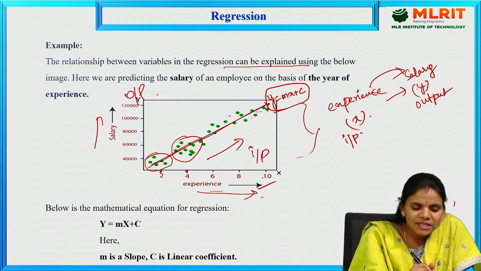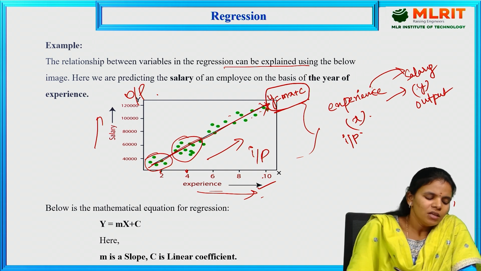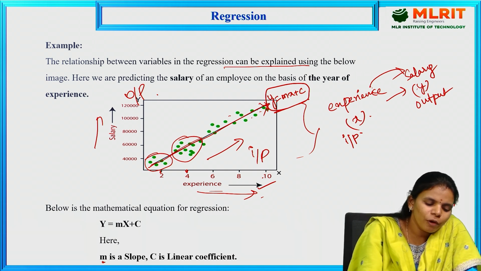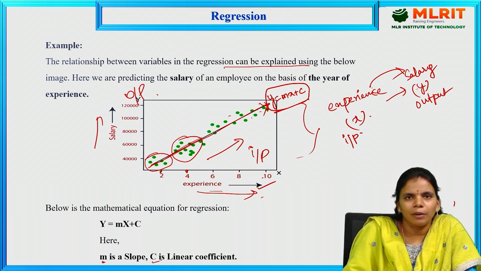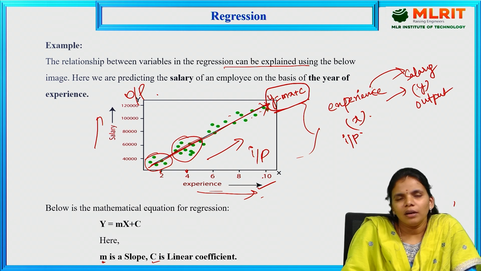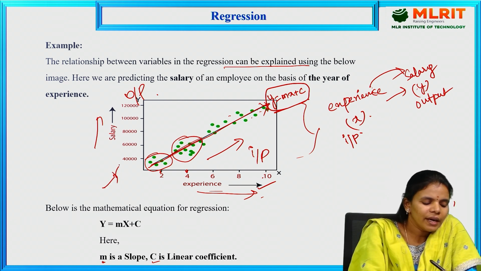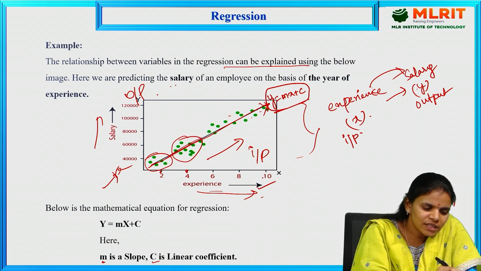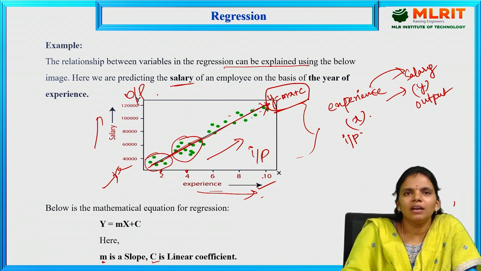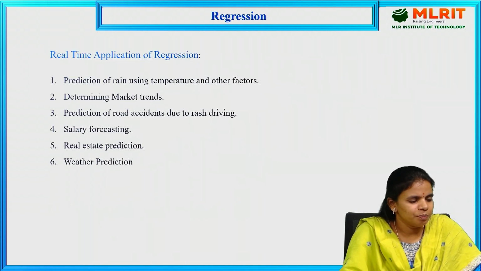To represent this linear line, the formula is y equals mx plus c, where m is the slope of this linear line and c is the intercept for this straight line. Regression analysis is to find out the relationship, either linear or non-linear. For this example, we are finding a linear relationship between your input variables and output variables.